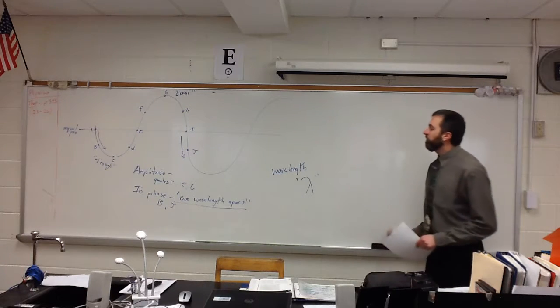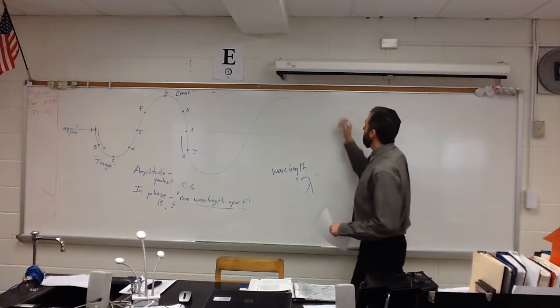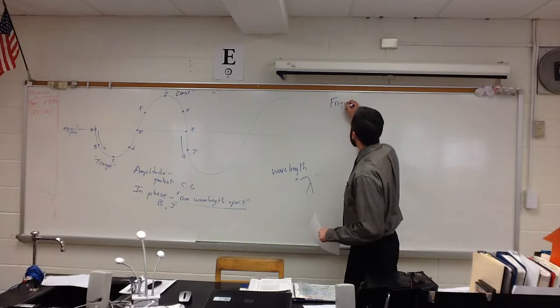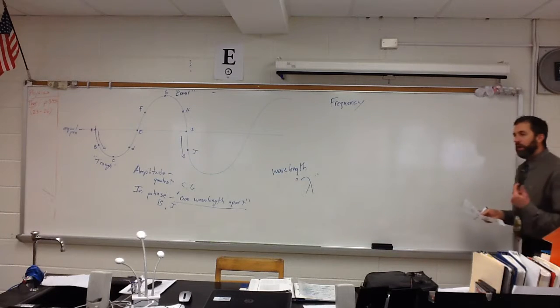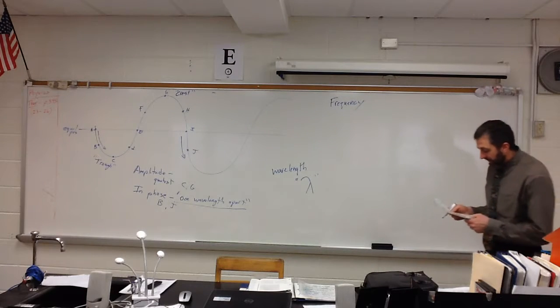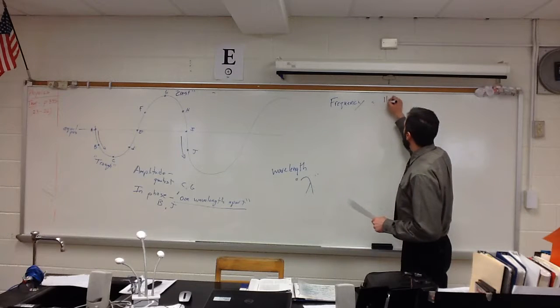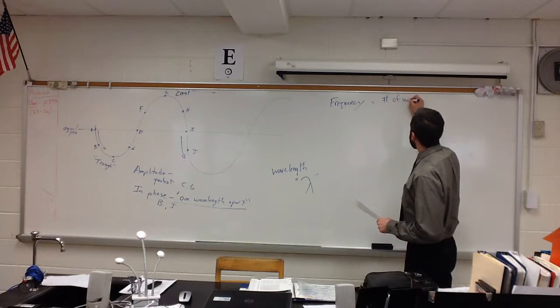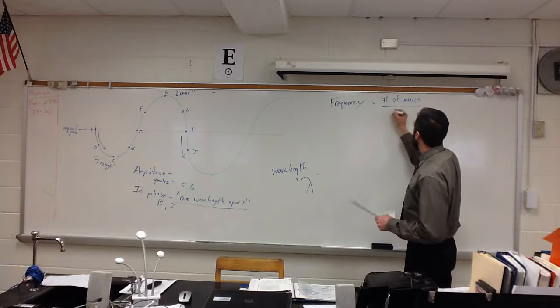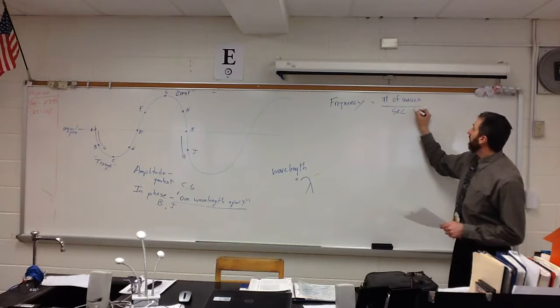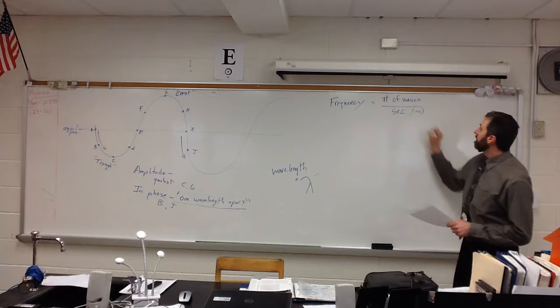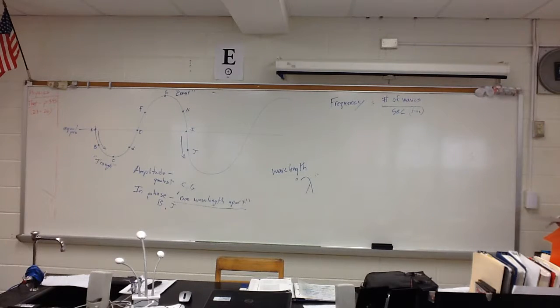When you're talking about a wave, you can also say how frequently a wave is passing by. That frequency is the number of waves per unit time, or per second, let's say. So it's the number of waves per second.